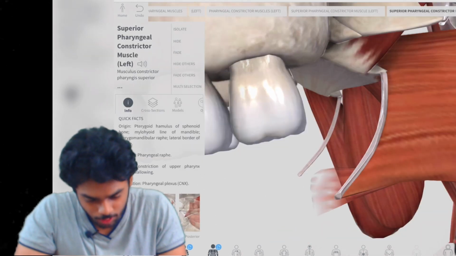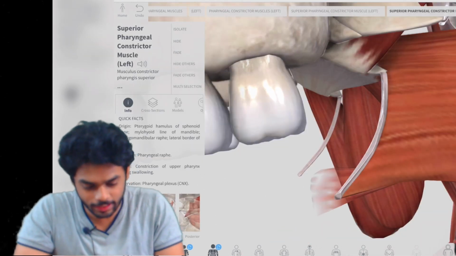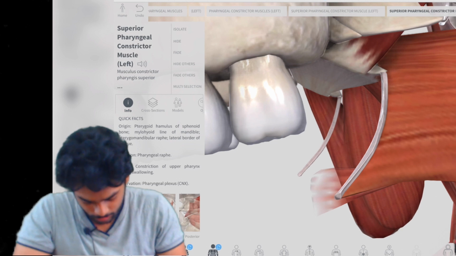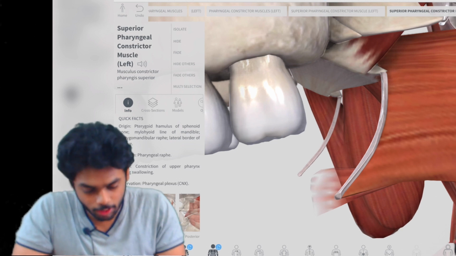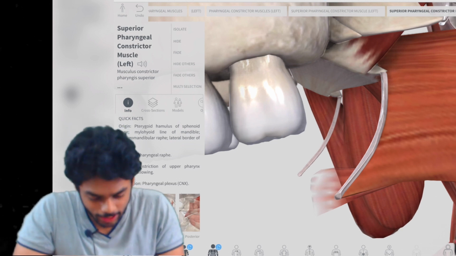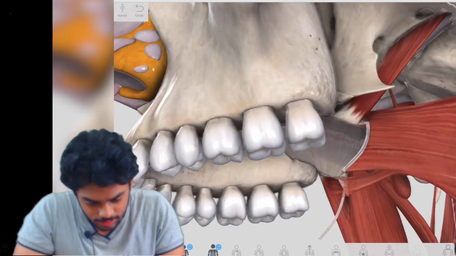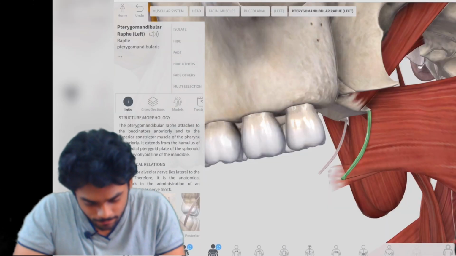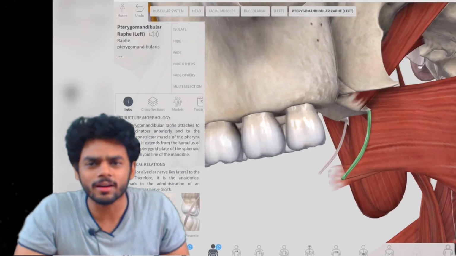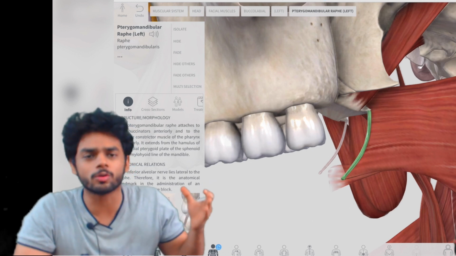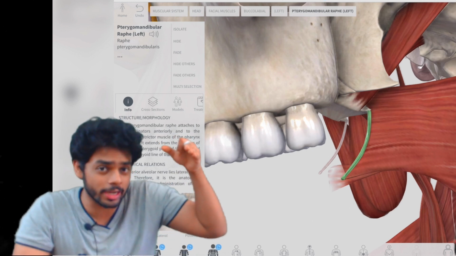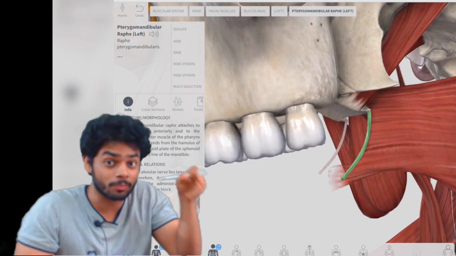This is the superior constrictor muscle, and here you can also see the pterygomandibular raphe in white. Can you see these structures? Yes. So I think everything is clear. You can see how the superior constrictor muscle is attached, and how the pterygomandibular raphe is suspended from the hamulus.